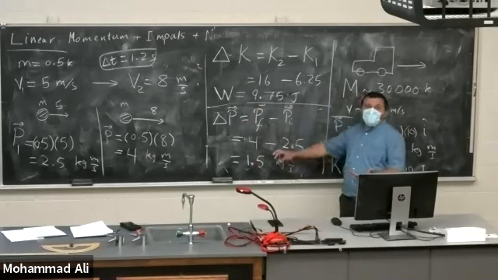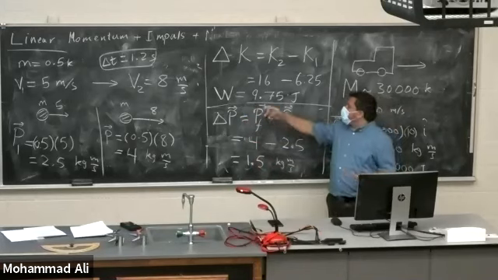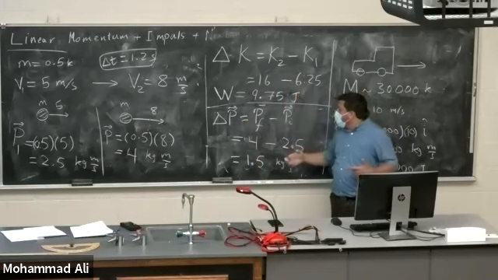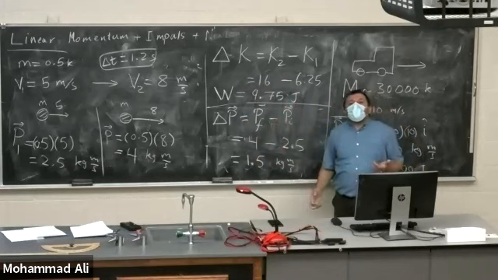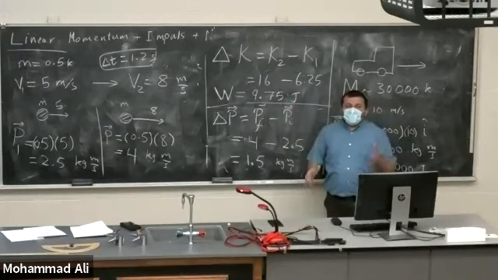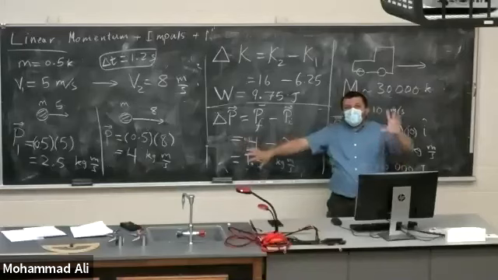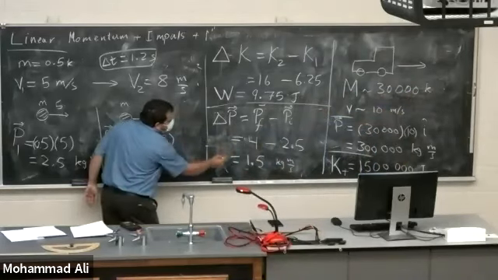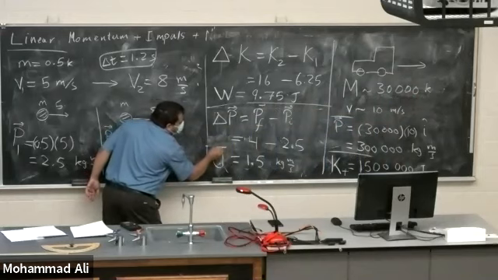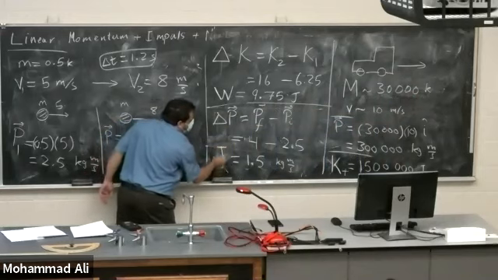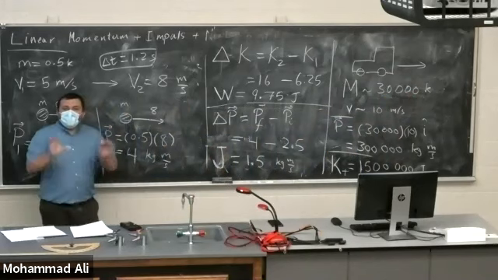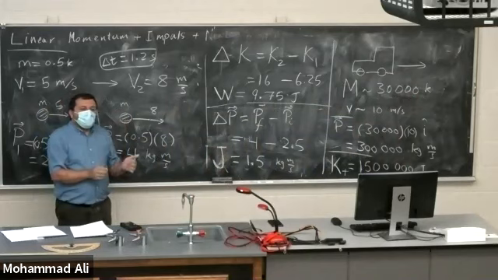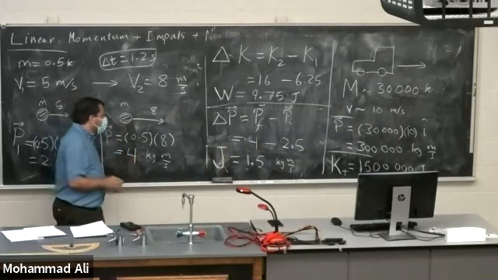Is the change in momentum a work? No, the work is energy, it is in joules. The change in momentum, we name it impulse. So the impulse for the momentum, the work for the energy. This is equal to something named J, which is the impulse. So the impulse is just the change in momentum.